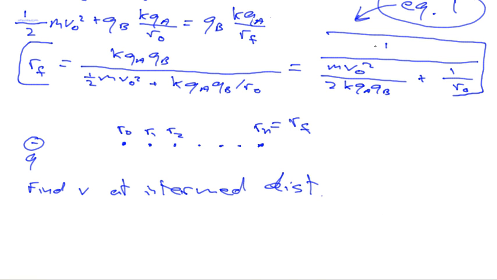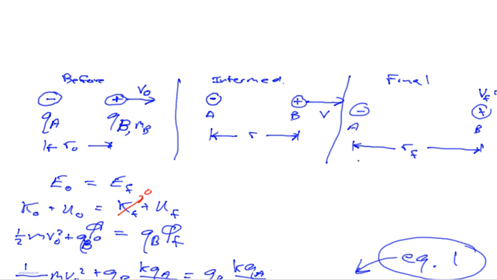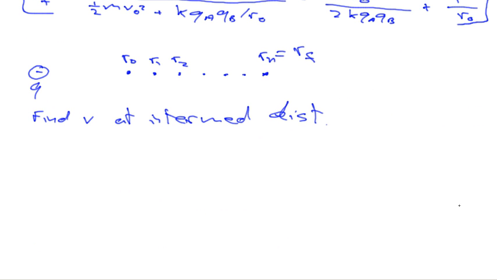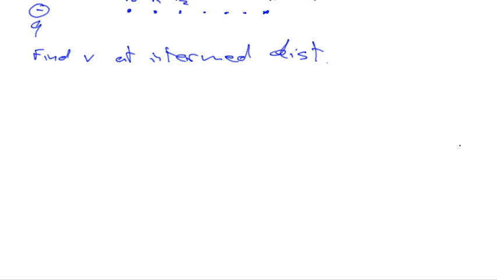To do that, I'm going to be referring to the before and the intermediate picture. So I'm going to use subscript 0 for the before and no subscript for the after. So I'm going to use that as the before and after diagram for E0 equal to E to get the velocities.